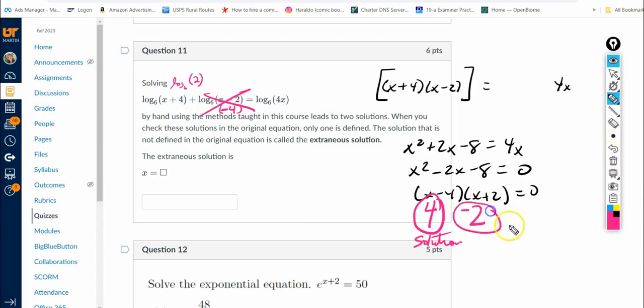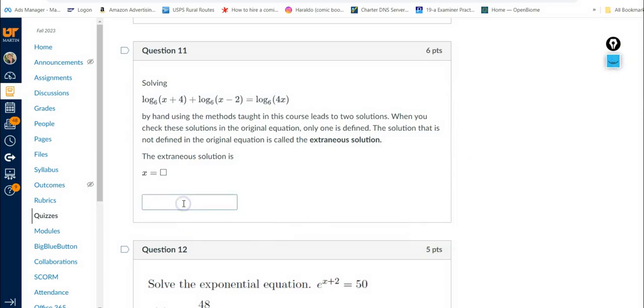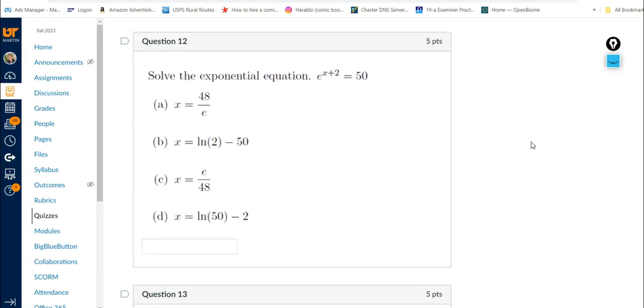So this is extraneous. It's not a solution to the original equation, although it was a solution to this quadratic. So the extraneous solution is negative 2. As I said, nowadays they tend to ask for the extraneous solution in these problems.